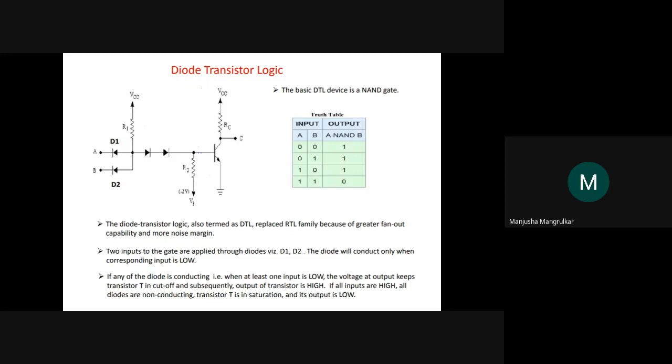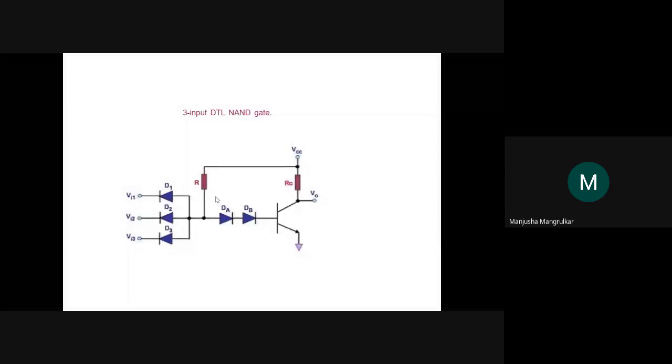If all the inputs are high, 1 1, all the diodes are not conducting, so this VCC will come over here. If all the inputs are high and all the diodes are not conducting, the transistor T is in the saturation region and the output is 0, right? So this will fulfill the truth table.